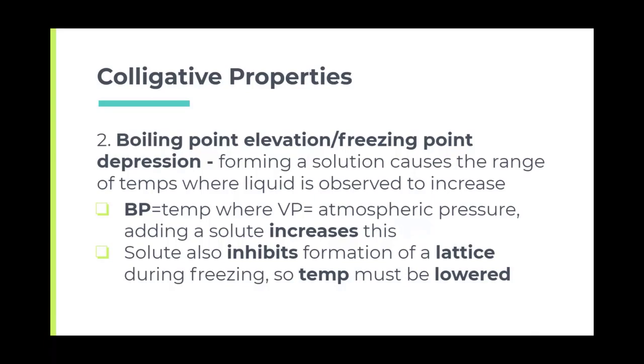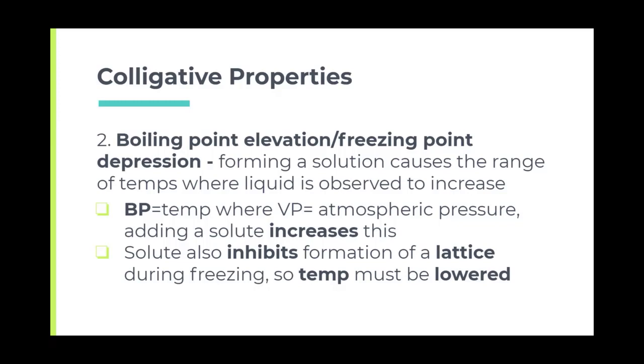And just as a reminder, the boiling point is the temperature where the vapor pressure equals the atmospheric pressure. And so adding a solute increases this for the reasons that we just described, because it will block the surface sites on the solvent and not allow the solvent particles to escape from the liquid phase at a lower temperature.